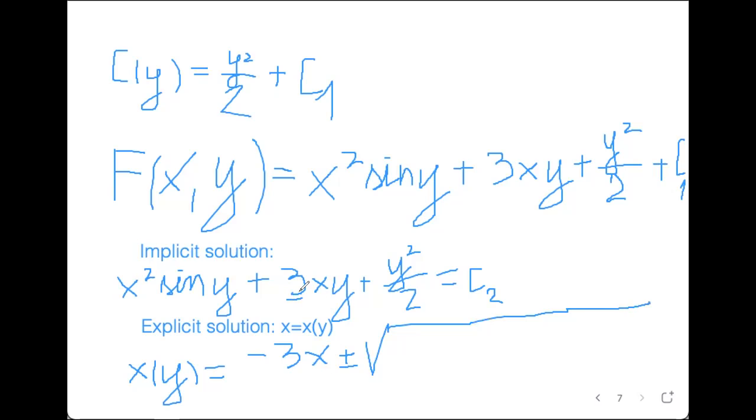Actually, let's circle it, and this is b. So b squared is 9x squared now. Minus 4, and a is x squared here. So it's 4x squared.